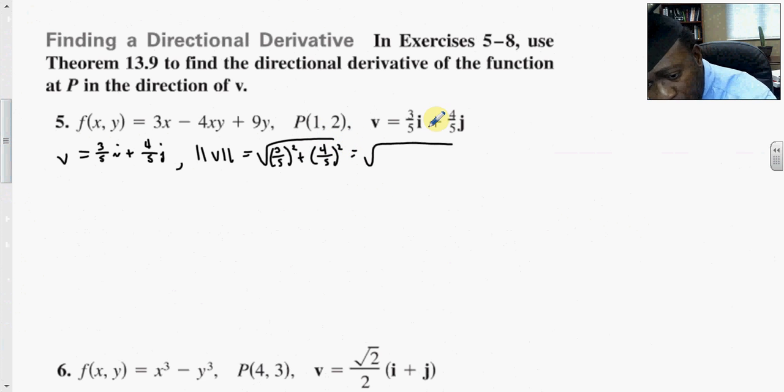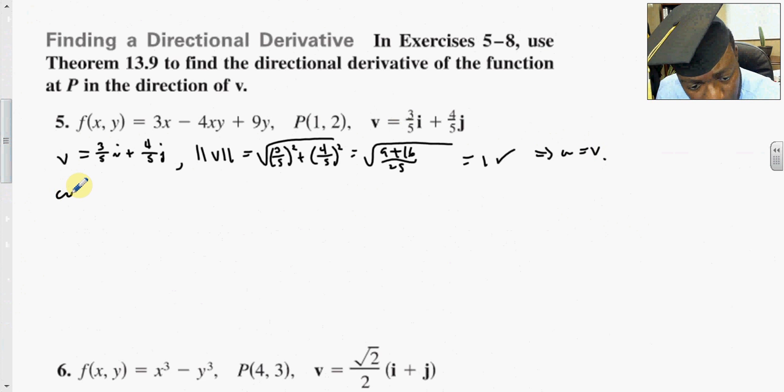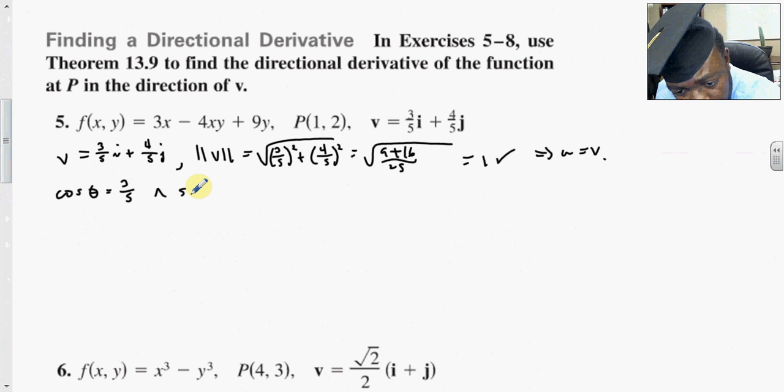So this is the square root of 9 plus 16 over 25. That gives us 1. So what this implies is that the unit vector is the vector v. So what you glean from that is cosine theta is 3/5, and the sine theta is 4/5.